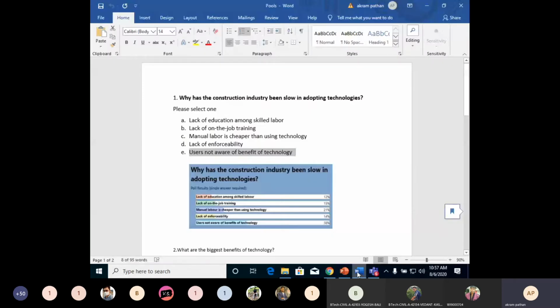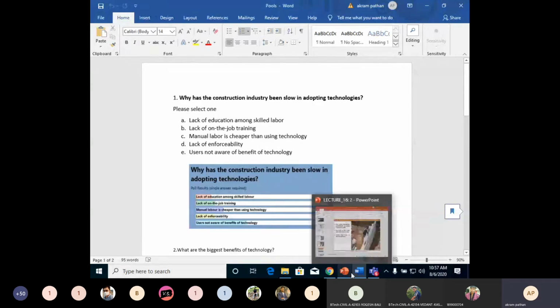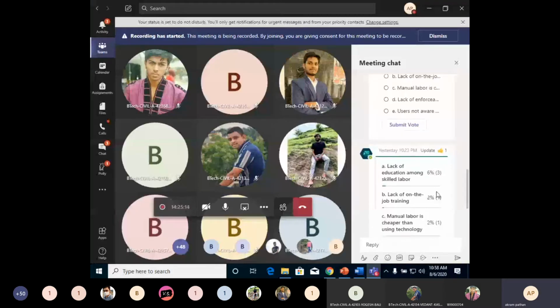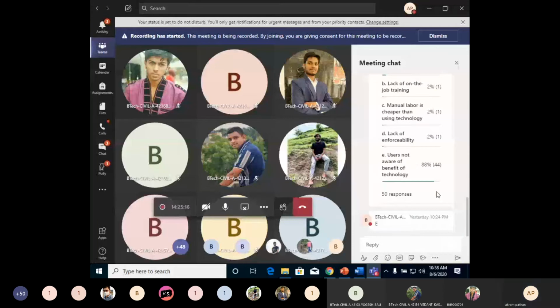The options are: lack of education among labor, lack of on-the-job training, manual labor cheaper than using technology, lack of enforceability, and the last option is user not aware of the benefit of technology. This is a good question. I got 50 responses.